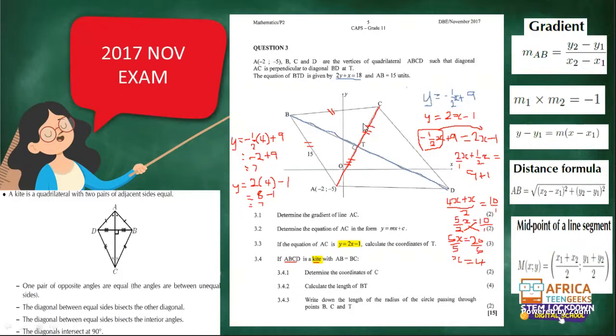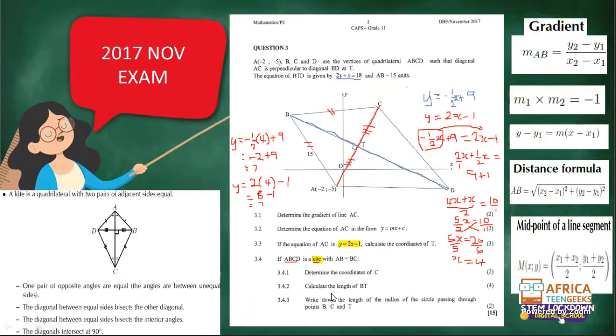Remember how we used the midpoint formula to get another point. So that's what you're going to do, okay? So try that. We use our midpoint formula to get our point C. So try that.